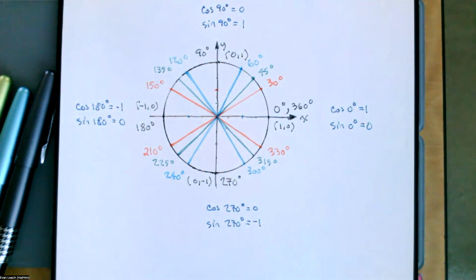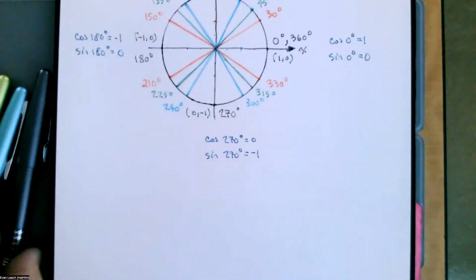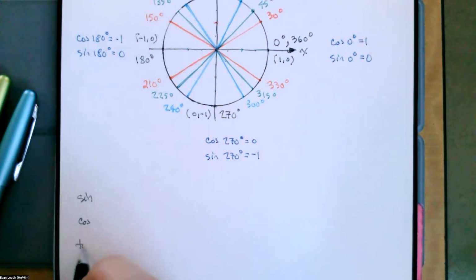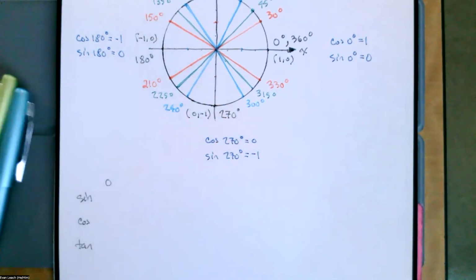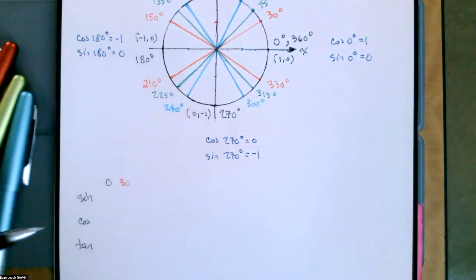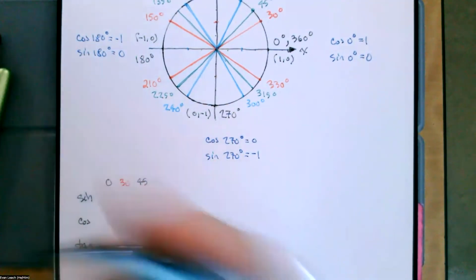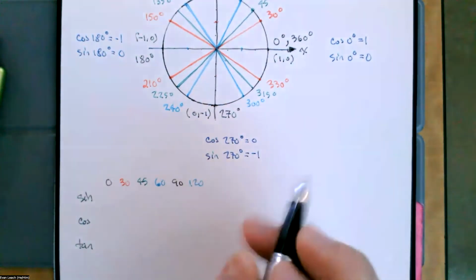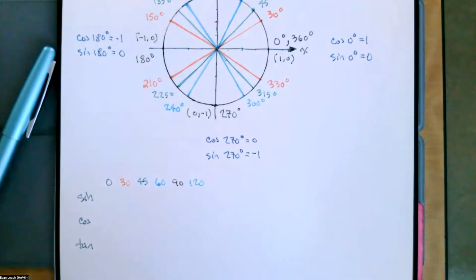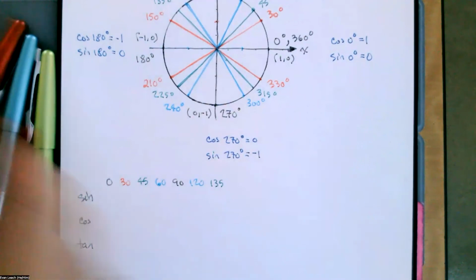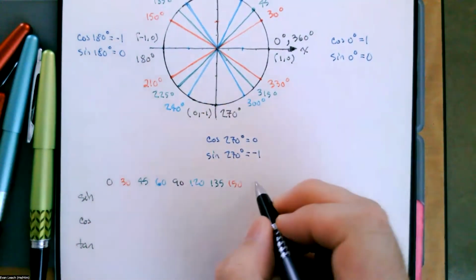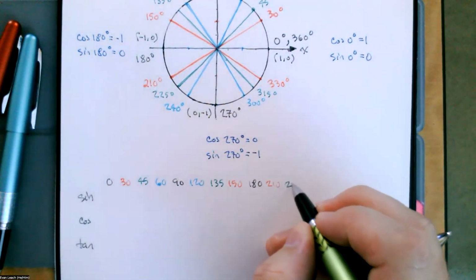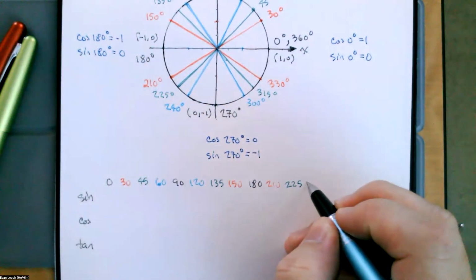Any questions? So what we're trying to do is fill out a table where we know sine, cosine, and tangent of 0 degrees, 30, 45, 60, 90, 120, 135, 150, 180, 210, 225, 240, 270.